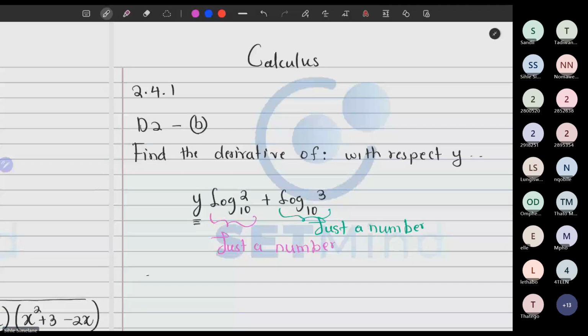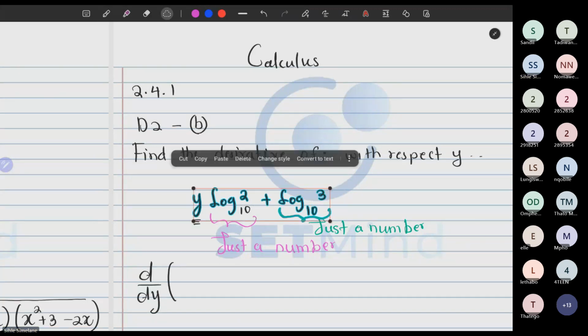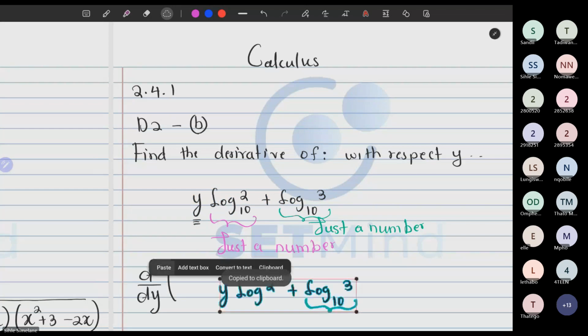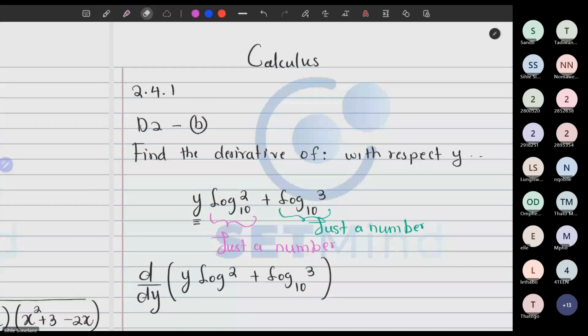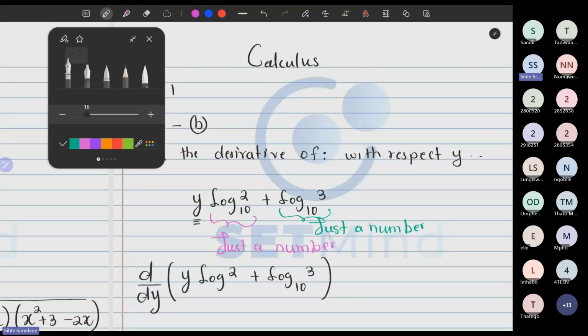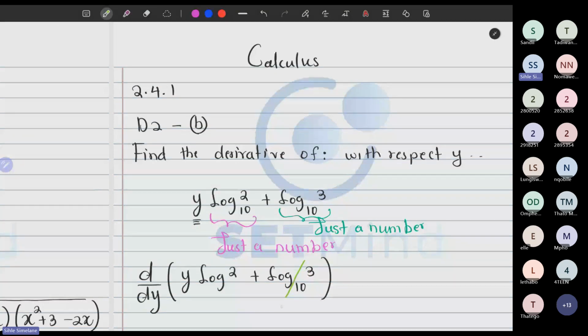So dy, because they said with respect to y, when we differentiate all that we see here, that part will be 0 because it is just a constant.